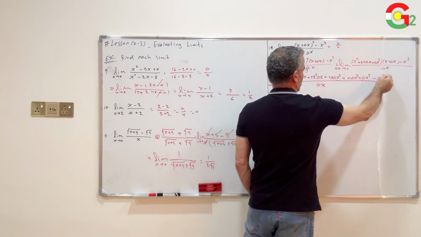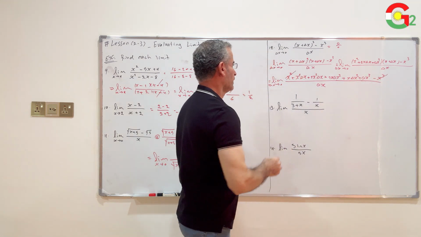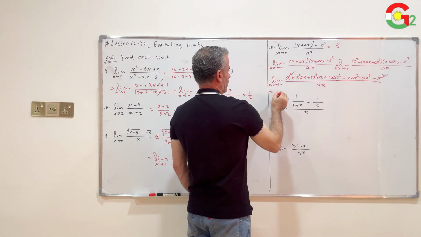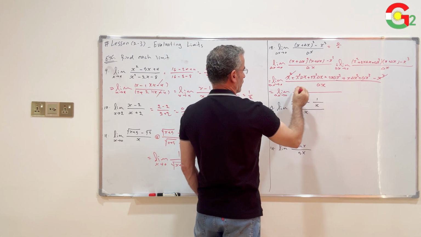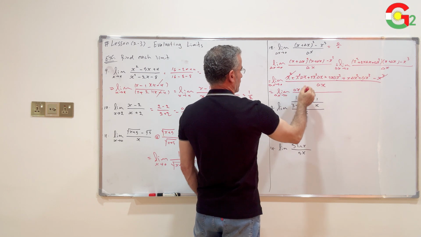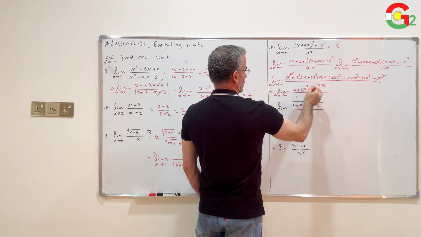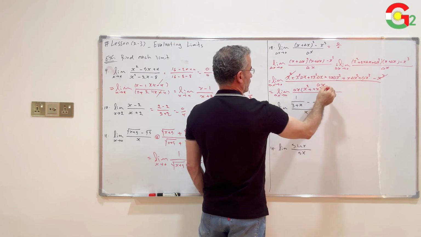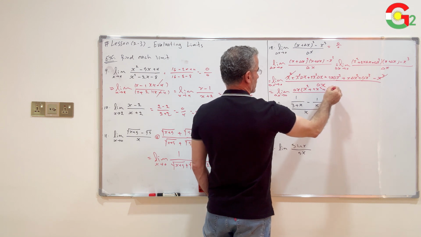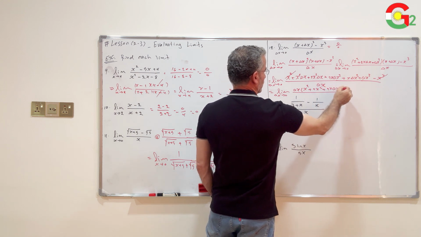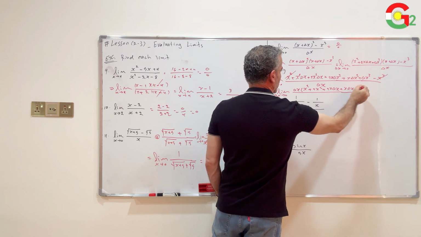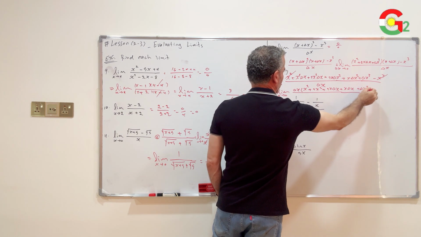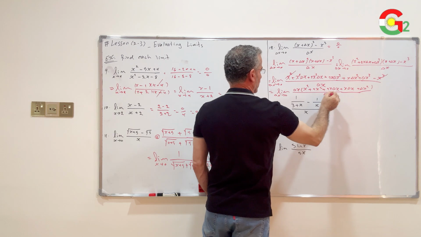Reduce x power 3 with x power 3, then with the limit as delta x approaches 0, factorize the numerator by delta x, giving x power 2 plus 2x power 2 plus 2x delta x plus x delta x plus delta x squared over delta x.